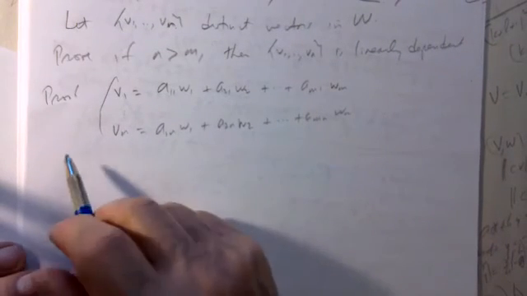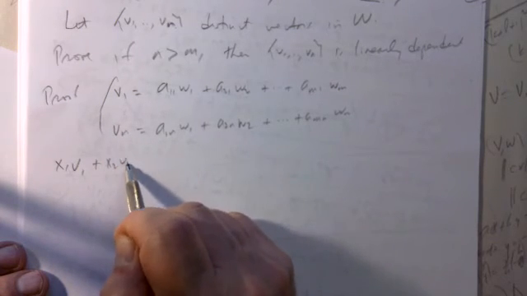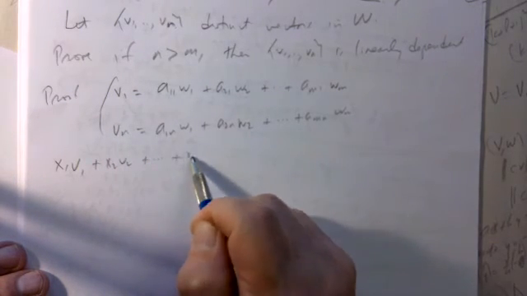And if I write down a linear combination x1v1 plus x2v2 up to xnvn, it's this times x1 and so forth.